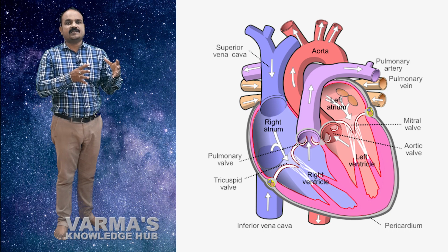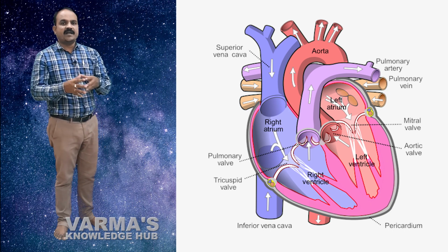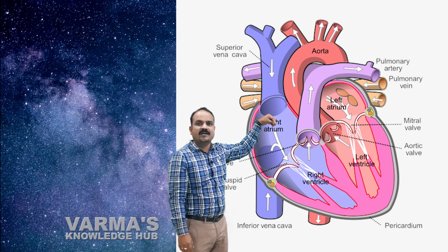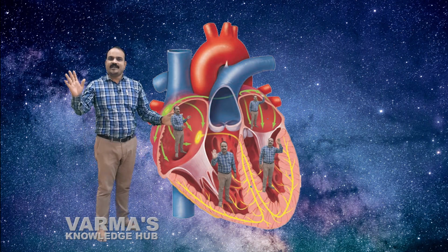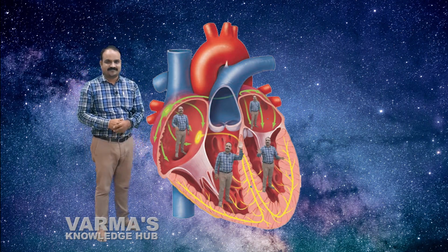These 2 blood vessels pour their impure blood into this chamber of the heart called right auricle. So, this is right auricle, this is left auricle, this is right ventricle and this is left ventricle. Altogether they make 4 chambers.